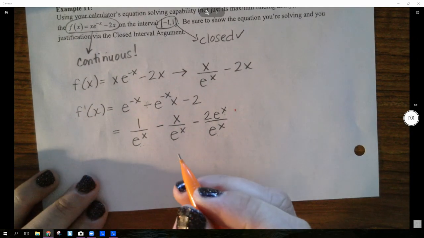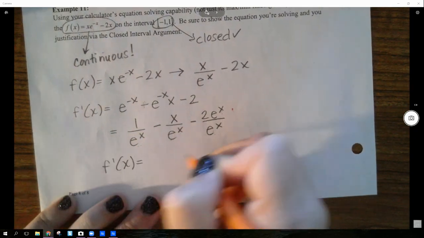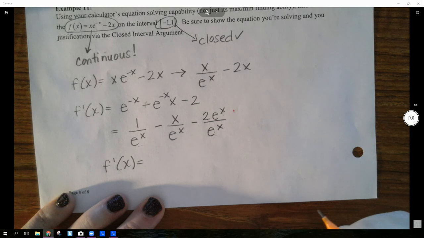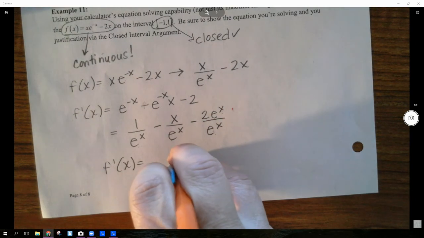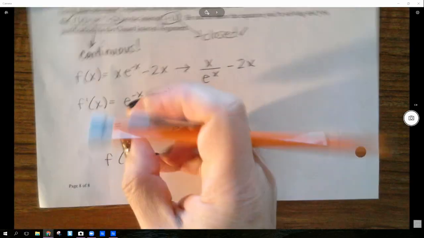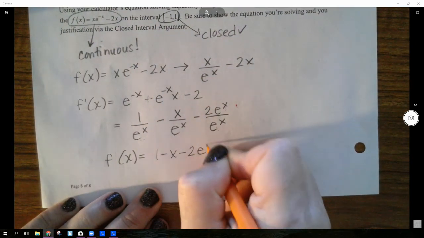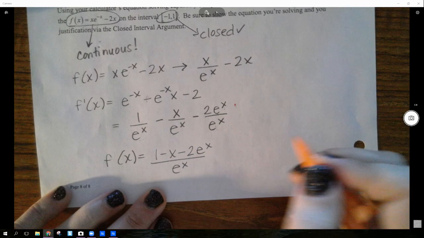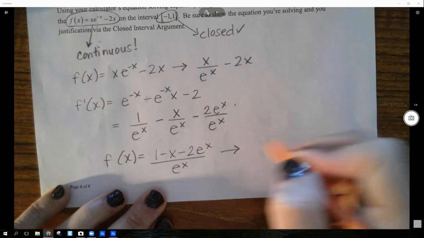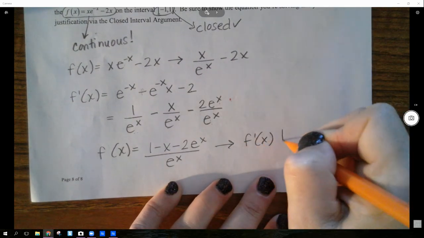Alrighty, so now put this into your calculator or Desmos, and then look for the x-intercepts. So this is going to be 1 minus x minus 2 e to the x all over e to the x. When you put this into your calculator, look for x-intercepts.